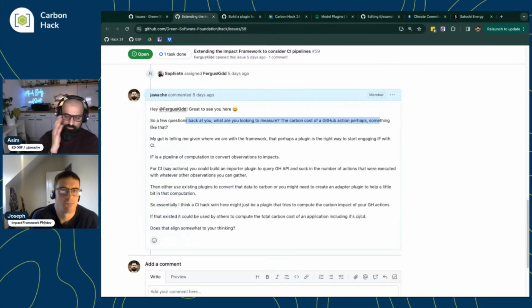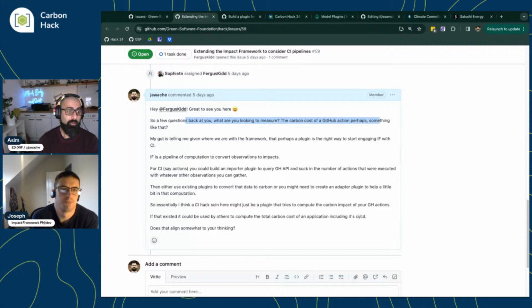Maybe, I don't know if you can grab utilization. These are some interesting areas. There's probably two plugins here. One of them extracts data from GitHub Actions and represents it as observations. If you can get it to utilization or something, then there are enough plugins to take that and convert it into energy and other things. Maybe it's a GitHub Actions importer, so you can import observations from some CI/CD tool.